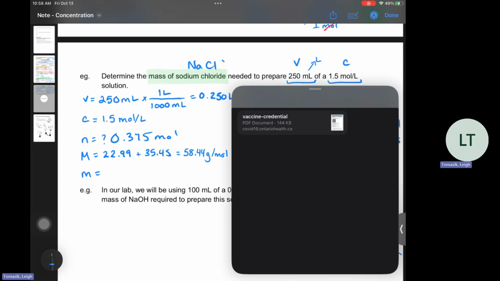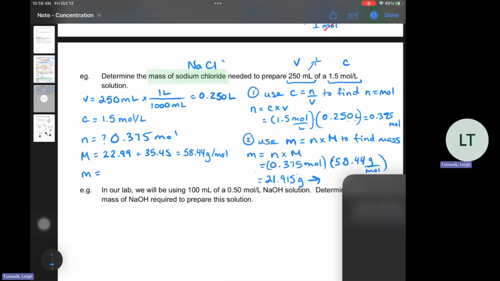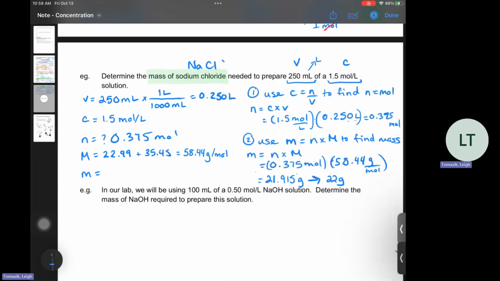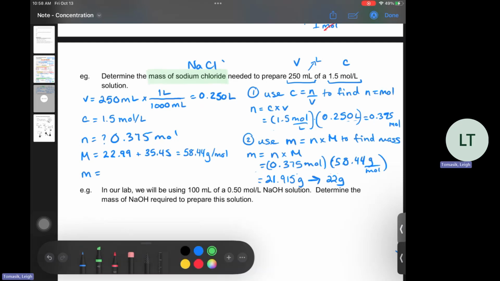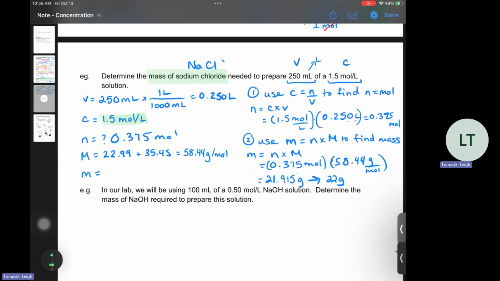So we're going to convert it to probably 22 grams because we have this number here and it only has 2 sig figs. So my answer should only have 2 sig figs. Okay.